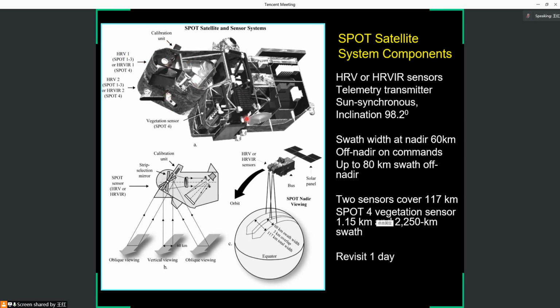The sensor systems are different. You can see the viewing can be vertical viewing, and also oblique viewing. If you view from the oblique angle, you can see the height of the building or the trees.